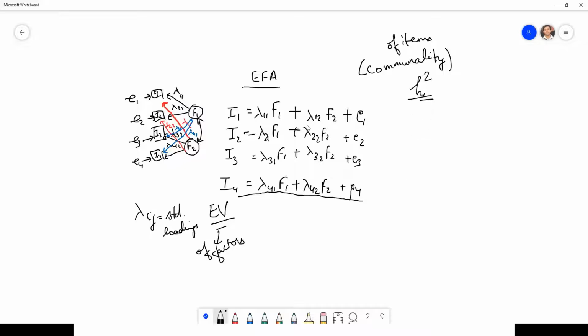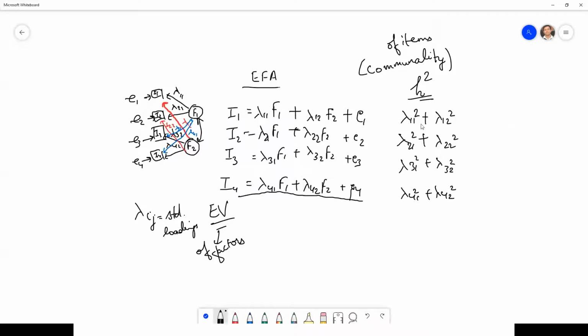The communality of item 1 is the sum of squares of standardized loadings: the loading of item 1 on factor 1, lambda 11 squared, plus the loading on factor 2, lambda 12 squared. Similarly, the communality of item 2 is lambda 21 squared plus lambda 22 squared, then lambda 31 squared plus lambda 32 squared, and lambda 41 squared plus lambda 42 squared.